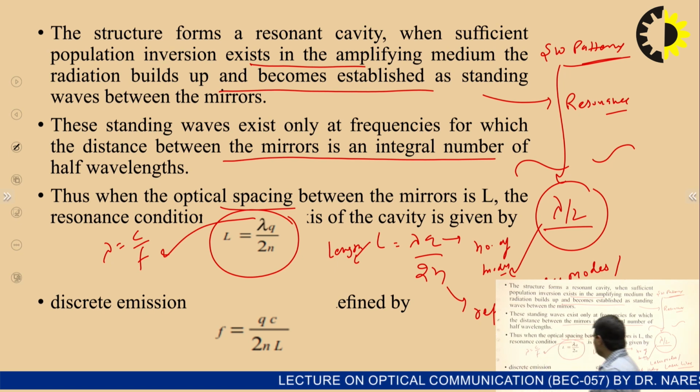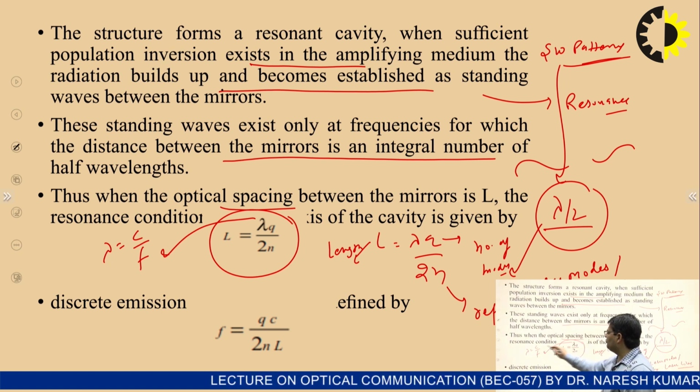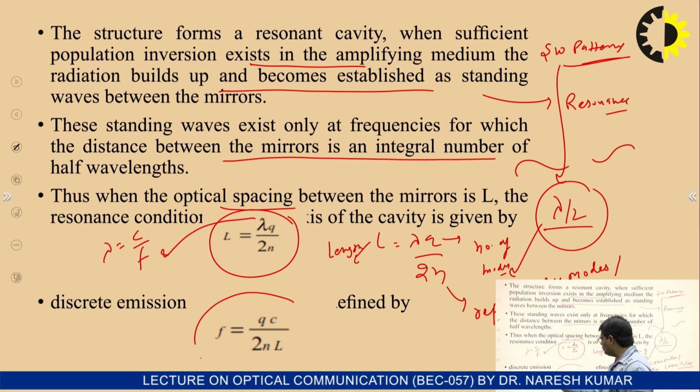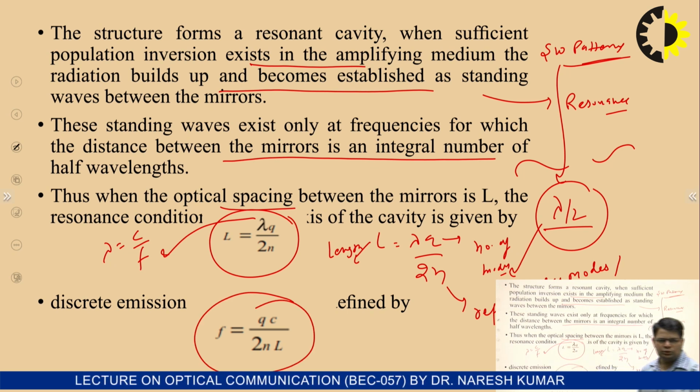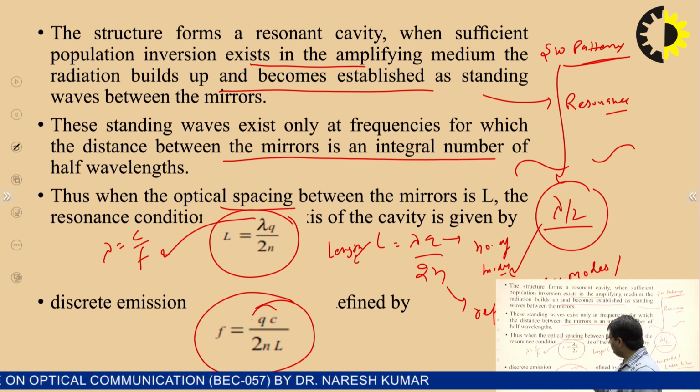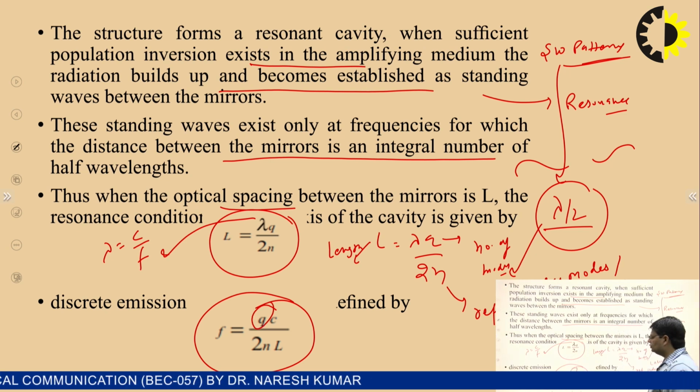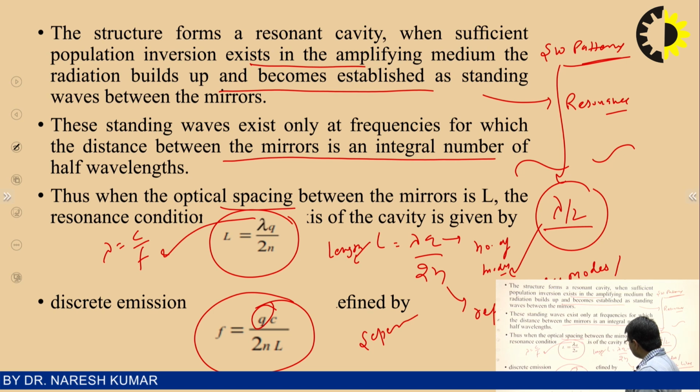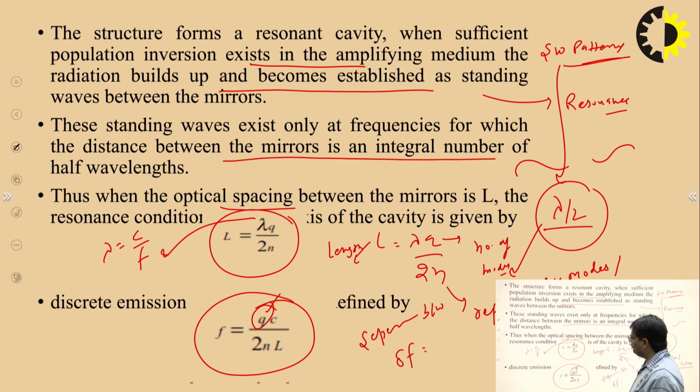Putting lambda equal to C by F, we can compute F equal to QC by 2NL, where this frequency is for Q number of modes. The separation between the modes can be obtained as delta F equal to, dividing by Q, C by 2NL.